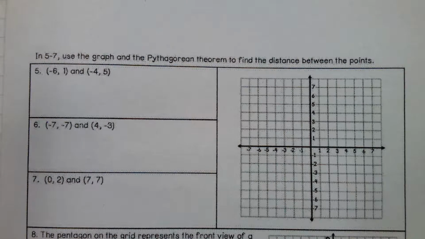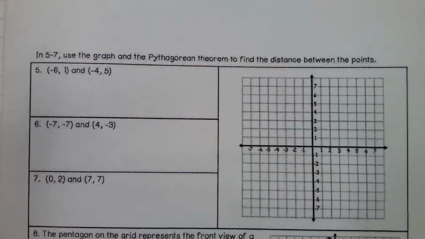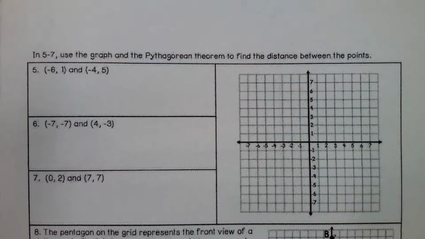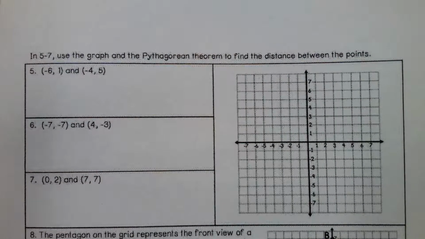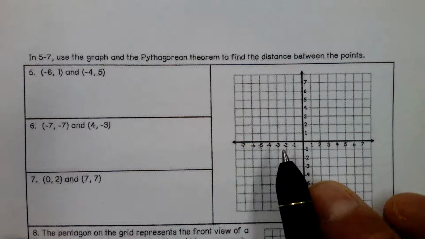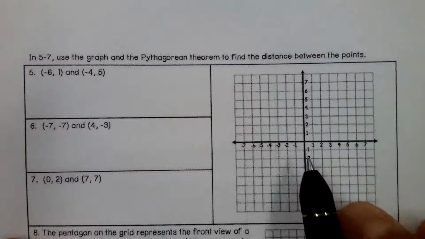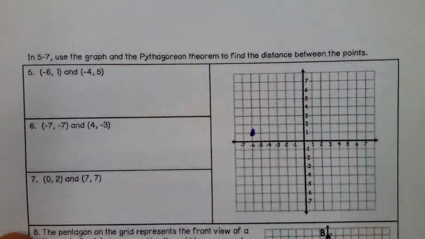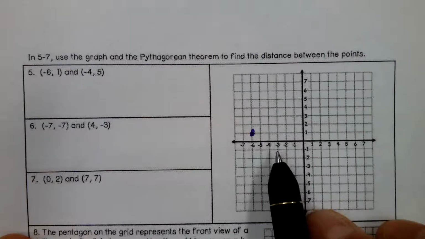I think if we can do 5 and 6, we're good, and then we'll move on to 8. We'll skip 7. Let's plot the points and figure this out. So we want -6, 1, and -4, 5.